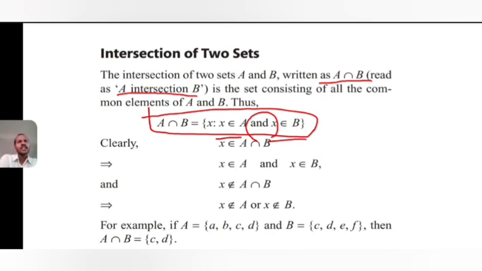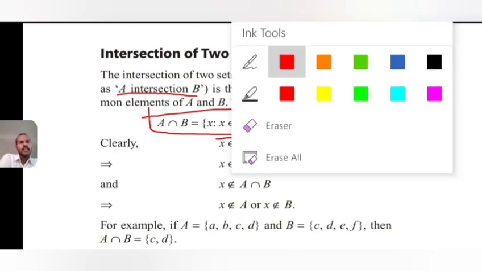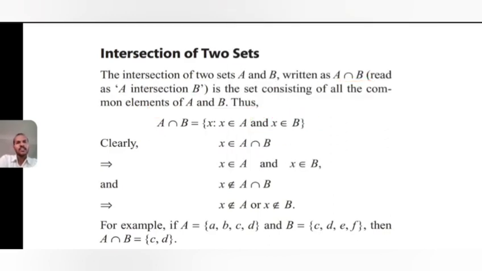But in the union we write OR here, and in the intersection we write AND, that is, the element belongs to A and the element belongs to B.